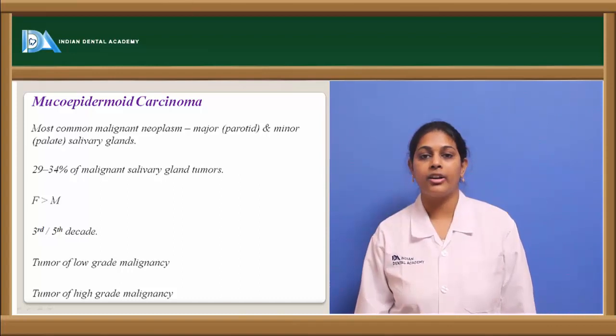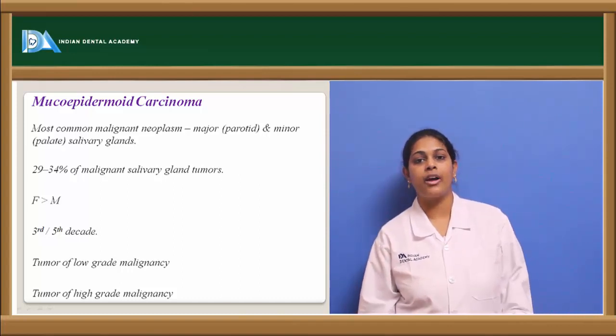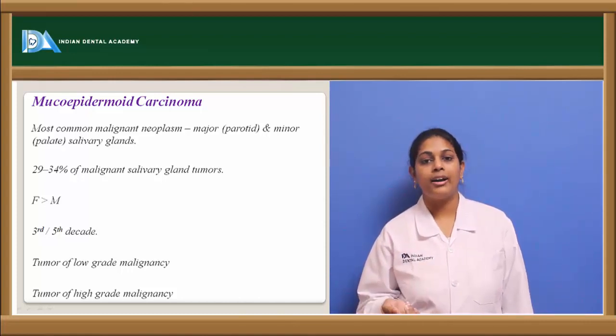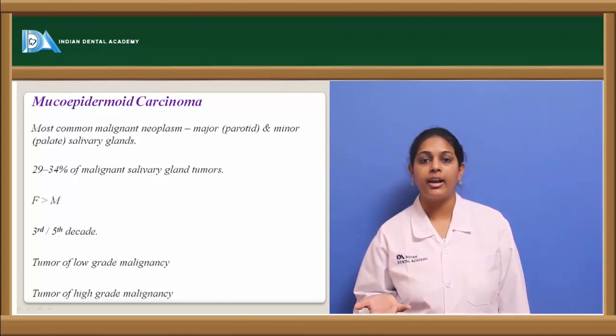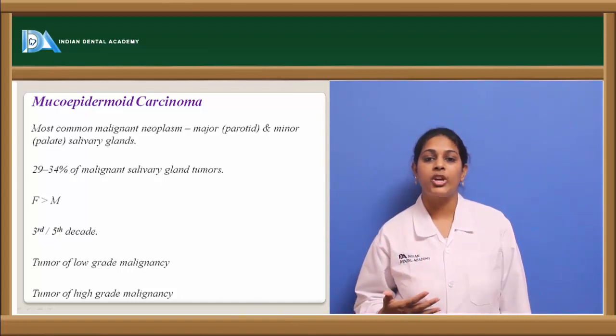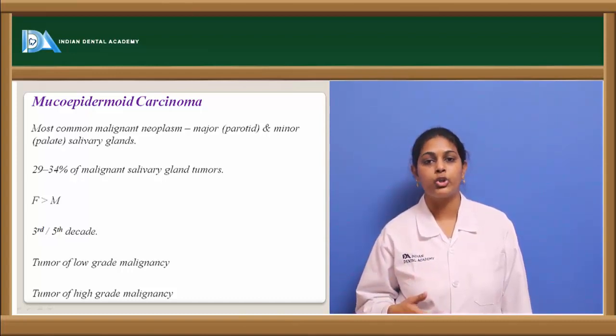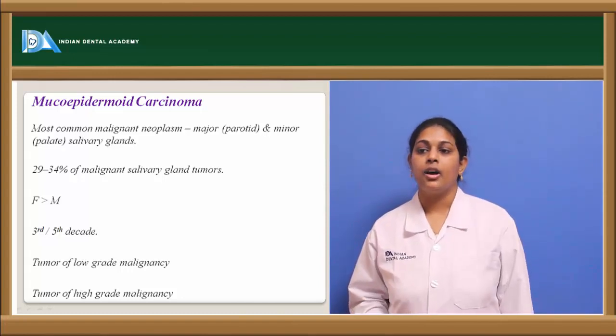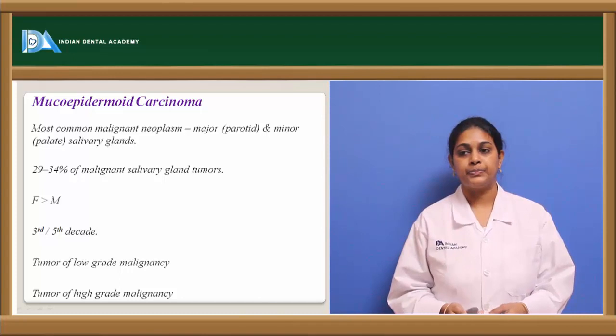Whereas in tumors of high grade malignancy, we see similar features, but the tumor is fast growing and the patient might complain of pain. Other than that, we also see surface changes when compared to the low grade tumor. That is, the surface might appear bosselated or ulcerated in high grade malignancy.